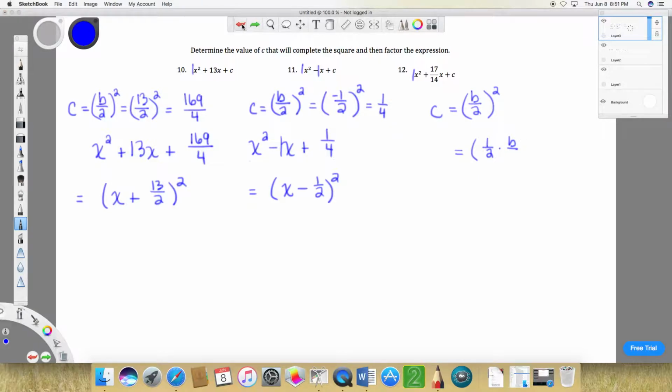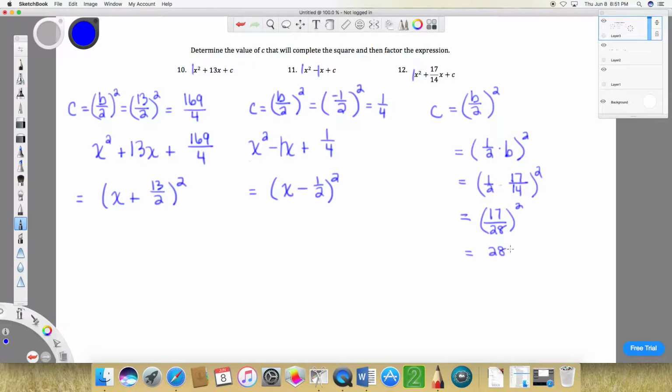Or just simply write 1/2 times b. And then square that. Well, it's easy to multiply fractions together. I've got 1/2, and I'm going to multiply it times this 17 over 14. Okay, and I want to do this multiplication inside the parentheses here before I try and square it. 1 times 17 is 17, and 2 times 14 is 28. That fraction doesn't reduce.